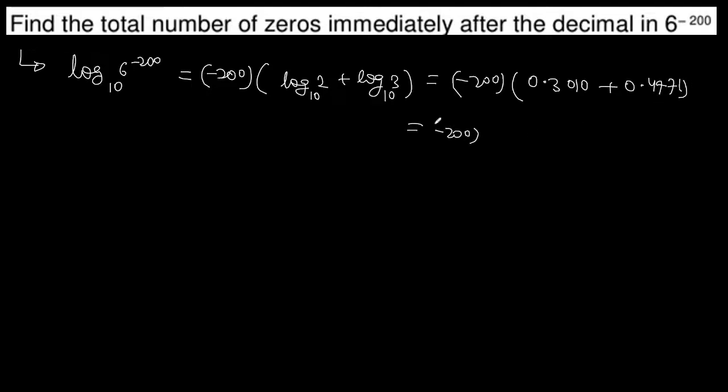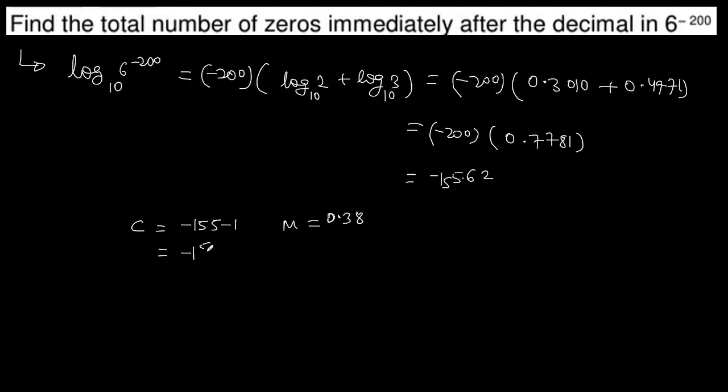This is minus 200 times 0.7781. If you multiply, you are going to get minus 155.62, so the characteristic is minus 155 minus 1, which is minus 156.